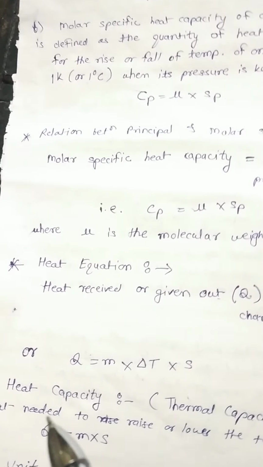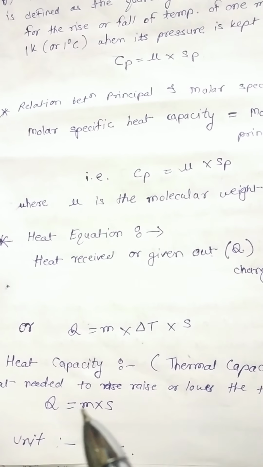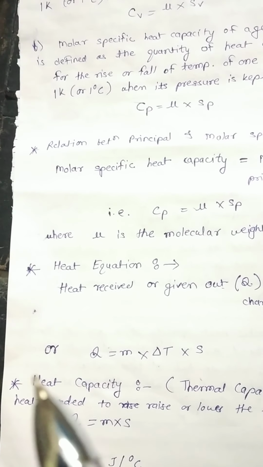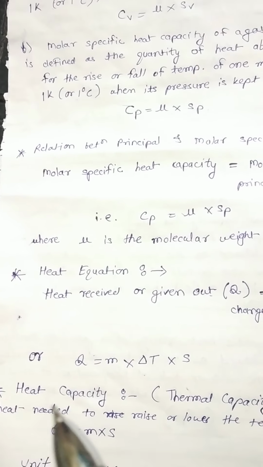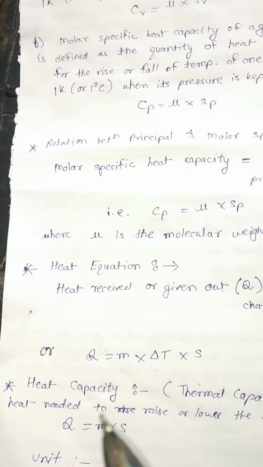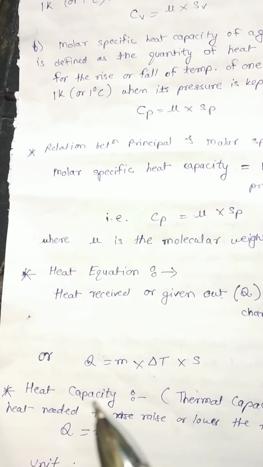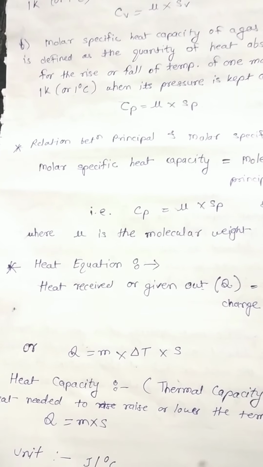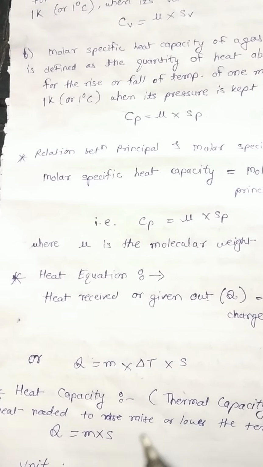Okay. Now the next formula is heat capacity, also called thermal capacity. The thermal capacity of a body is the quantity of heat needed to raise or lower the temperature of the whole body by 1 degree Celsius or 1 Kelvin.